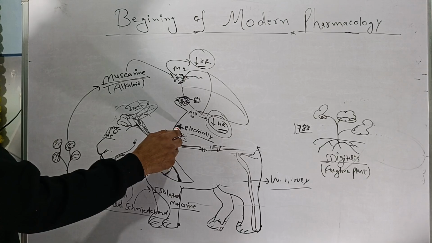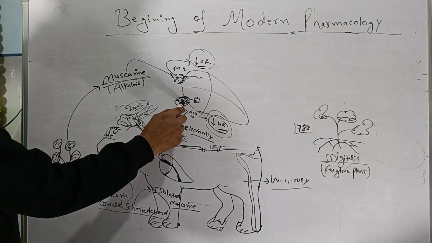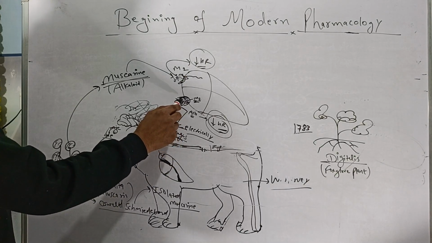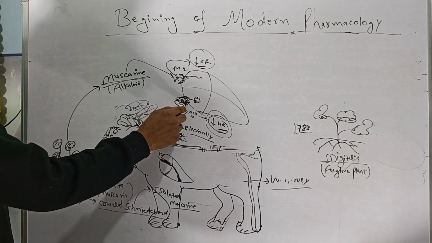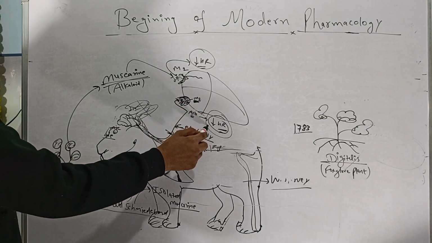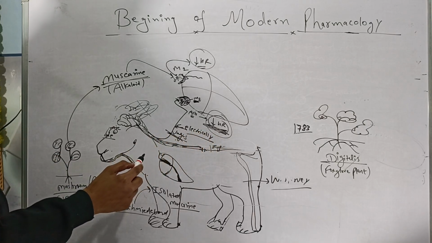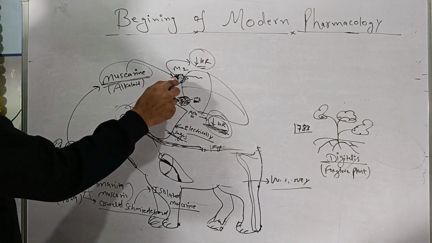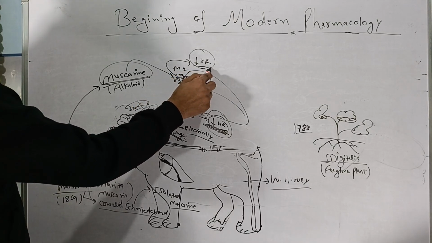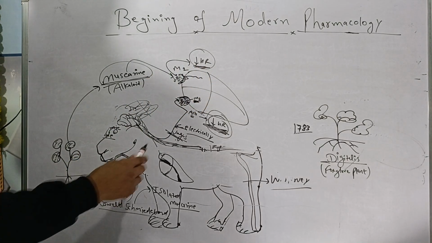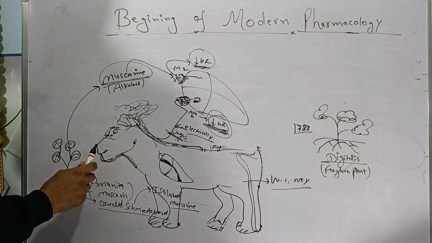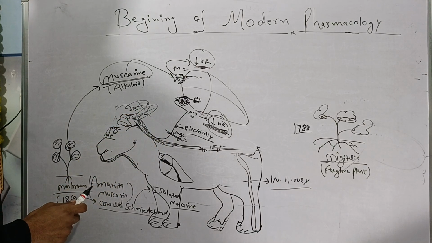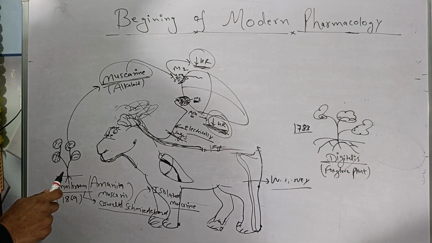If we electrically stimulate the vagus nerve, it releases acetylcholine, and acetylcholine works on the M2 receptor, which leads to reduction of the heart rate. Similarly, this muscarine alkaloid reaches the M2 receptor and reduces the heart rate. So this was demonstrated by the father of modern pharmacology, Oswald Schmiedeberg.